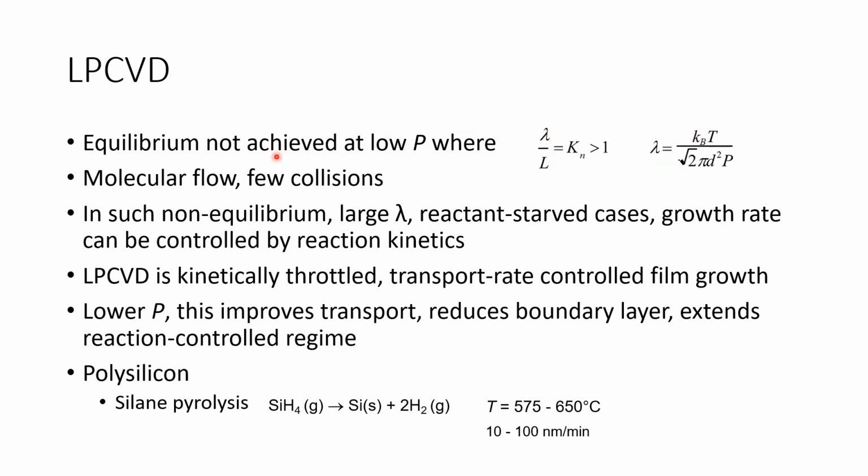So the molecule flows and the collisions will be very few. Because the process is non-equilibrium, and we have a large lambda, the reactant is very few. So the growth rate is actually controlled by the reaction kinetics.